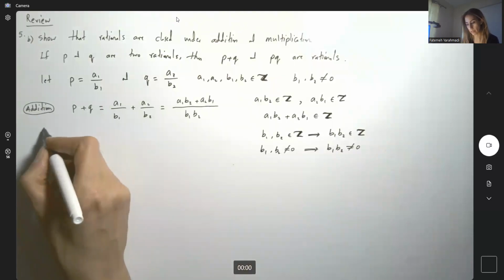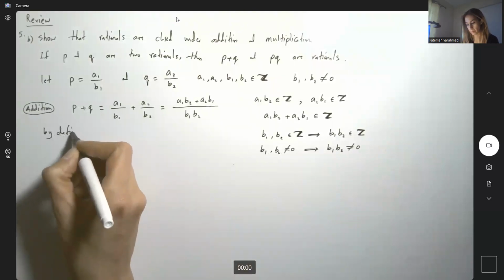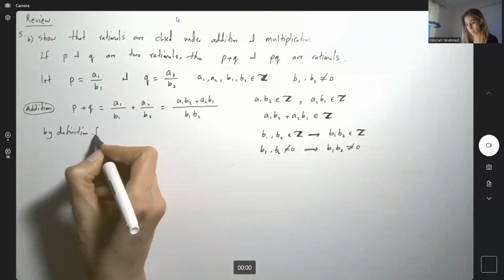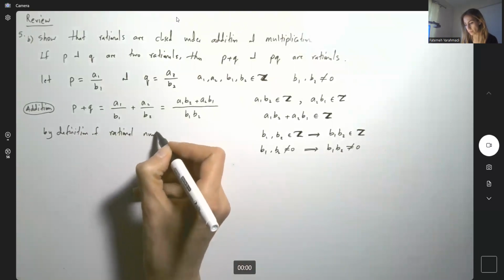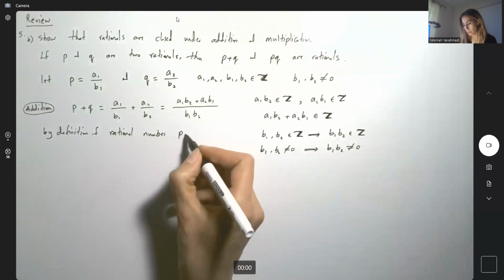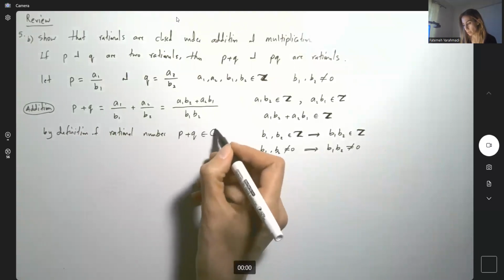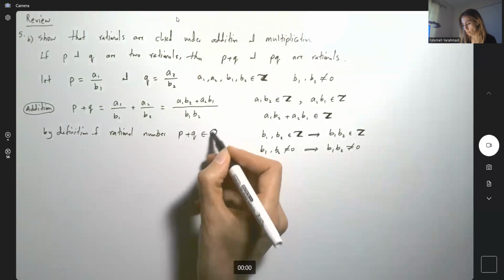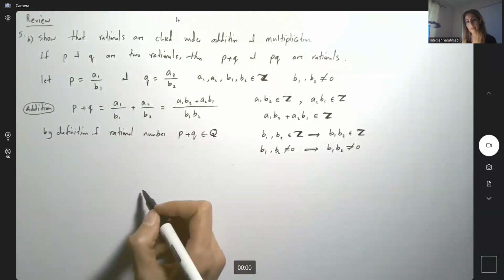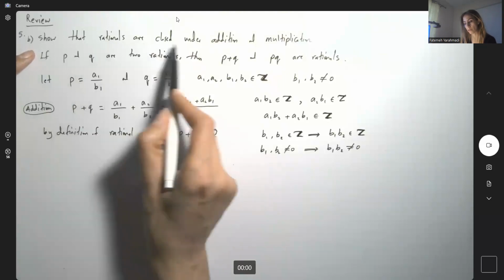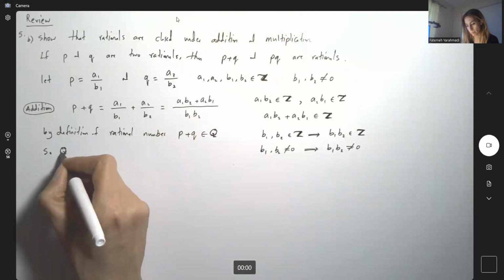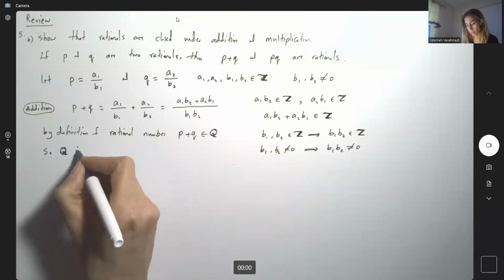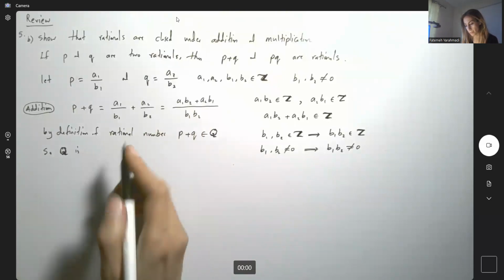So by definition of a rational number, P plus Q belongs to Q. What's the meaning of that? It means that the rationals are closed under addition. So Q, bolded letter Q, is closed under addition.